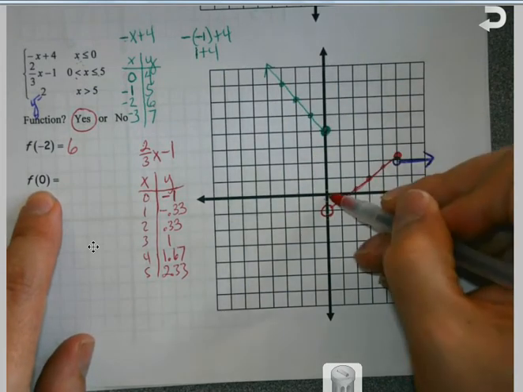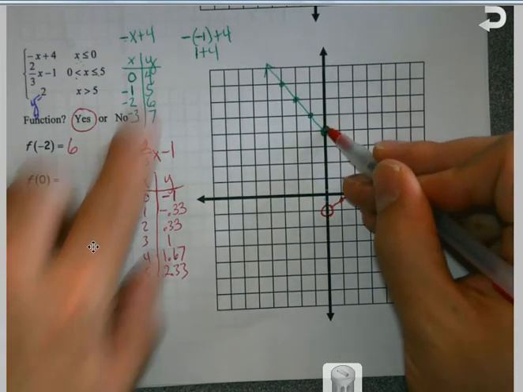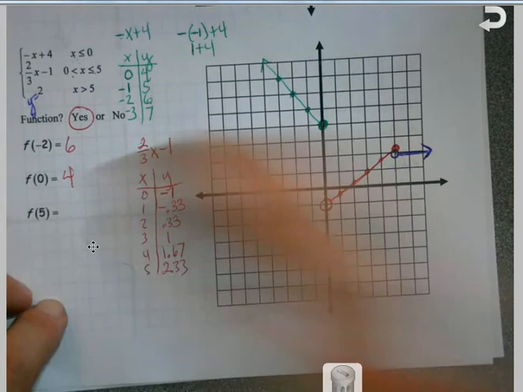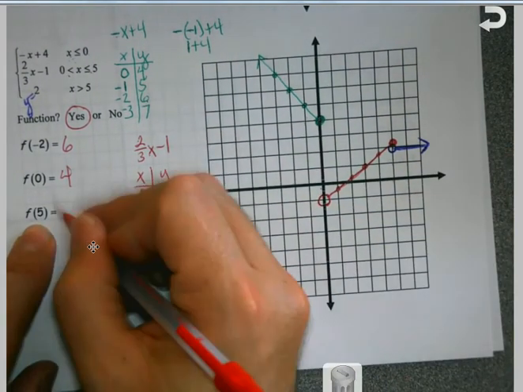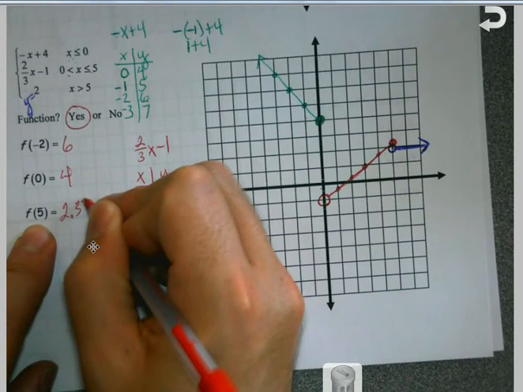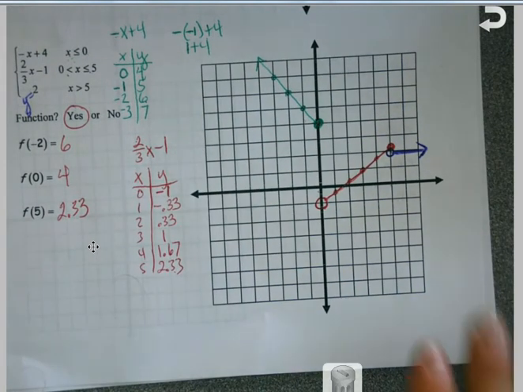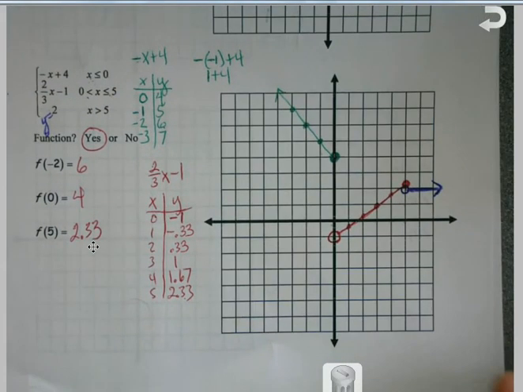Okay, hit 0, 1, 2, 3, 4, I agree. And at f of 5, looks like we're at this decimal, 2.33. That's how these work. Now again, I know in some places it's some extra work. You're typing in the calculator, jotting down these values. But again, it's about getting it right.